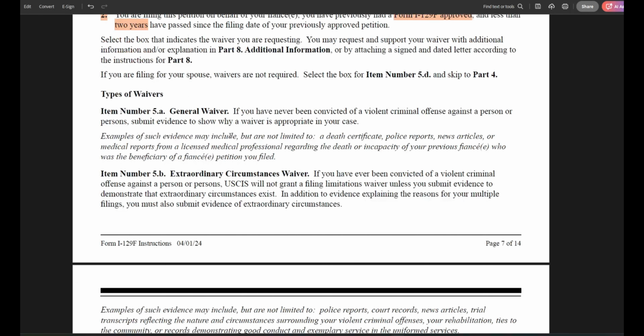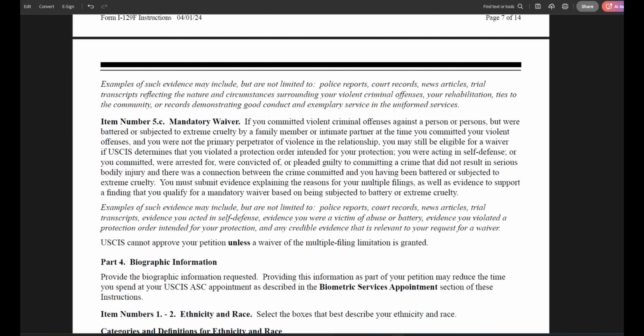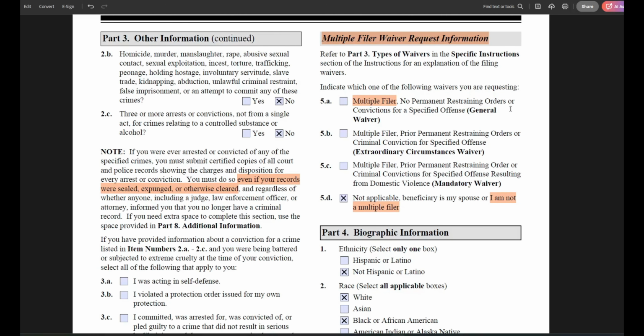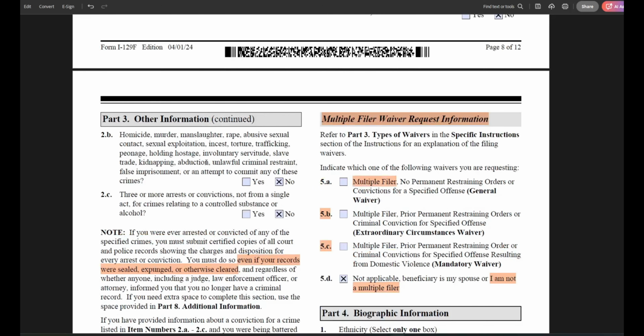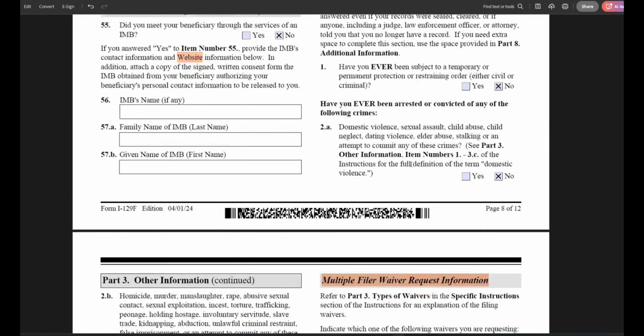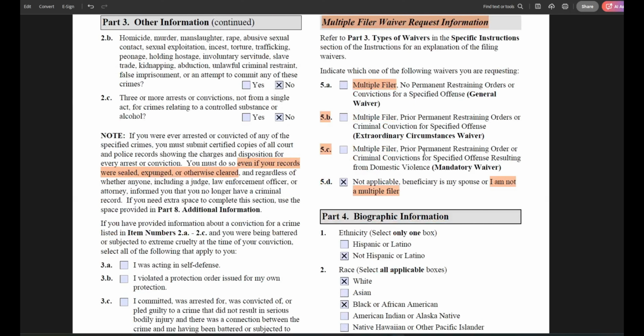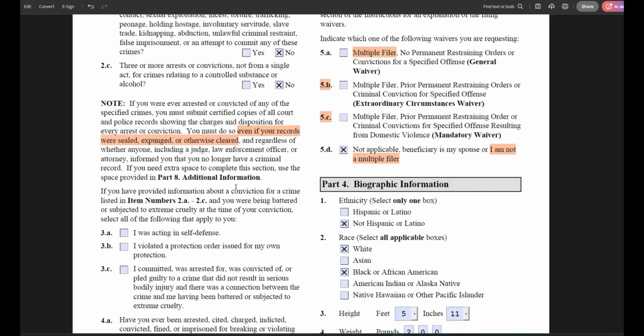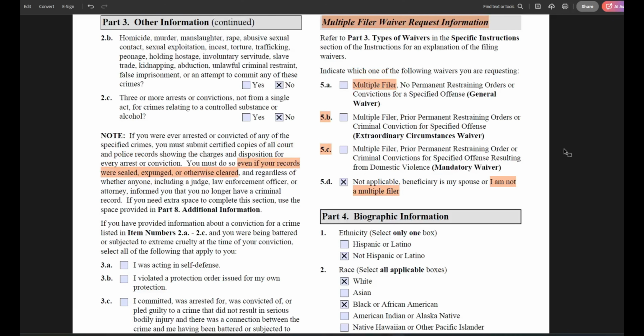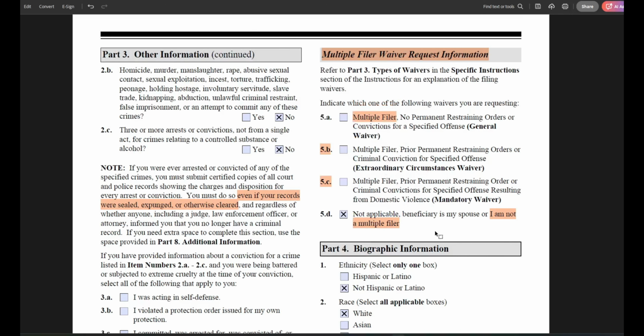You also may have to request a waiver specific to your case if you had any kind of convictions or restraining orders. Any convictions may not be favorable to your case, so you may want to consult with somebody to see how to best go about this kind of situation. But in our case, we're going to select 5D.